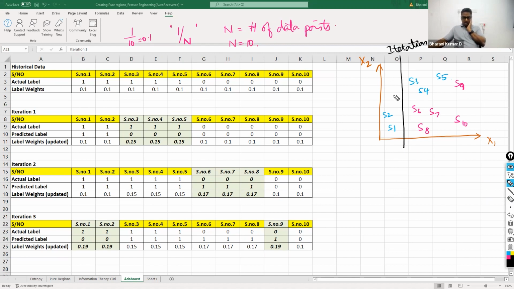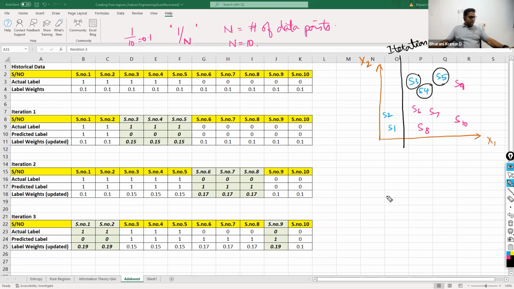Anything which falls on the left side belongs to the blue class. Anything which falls on the right side of this classifier belongs to the pink class. Then how many data points will be misclassified? Correct. 3 data points will be misclassified, which happen to be S3, S4, and S5.